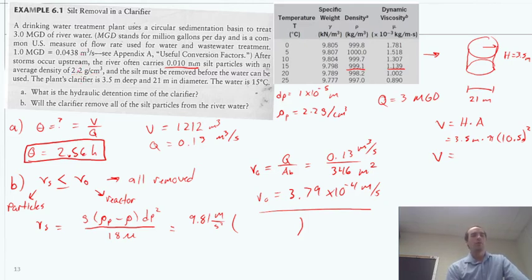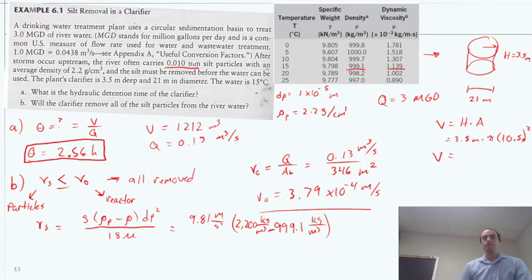So we kind of know this is going to be 2,200 once we convert, simply because the water here is 999.1, so for a particle to settle it has to be at least 1,000. This is kilograms per cubic meter. Given that this is a reasonable problem, we know this is going to be 2,200 kilograms per cubic meter minus that.